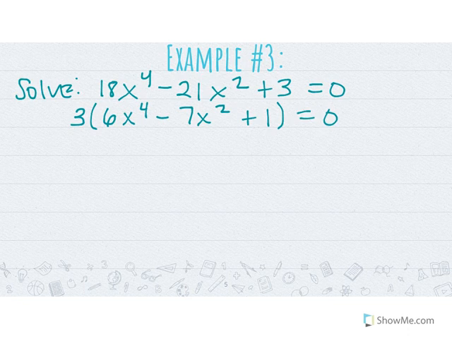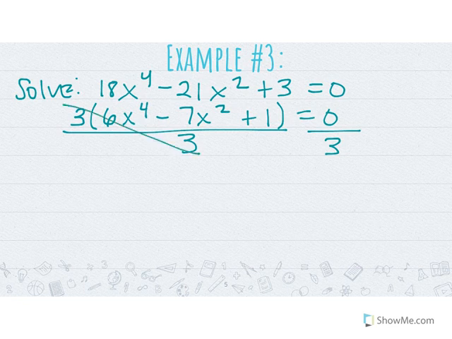Then we need to divide out our GCF because we want to end up working with just our polynomial here. So 6x to the fourth power minus 7x squared plus 1 equals 0, since 0 divided by 3 is still 0.